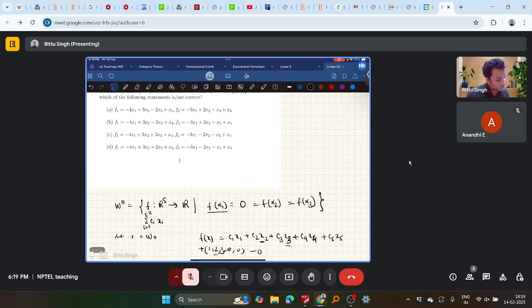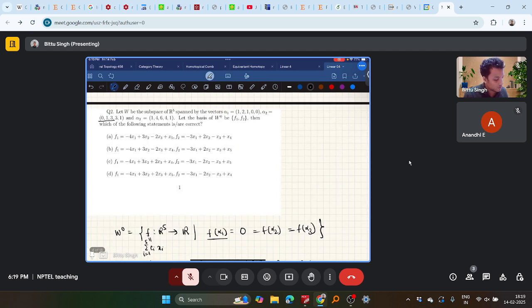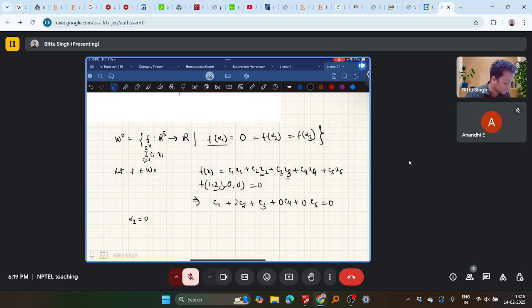Similarly, f satisfies the other relations, that is f annihilates alpha 2 and f annihilates alpha 3. If we put those in, alpha 2 is (0, 1, 3, 3, 1). Then similarly we get the relation 0 times C1 plus 1 times C2 plus 3 times C3 plus 3 times C4 plus 1 times C5, which is 0.